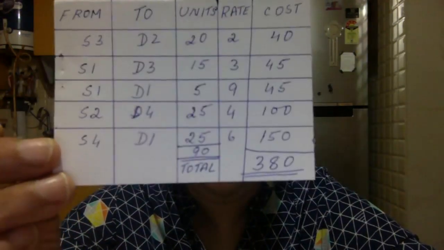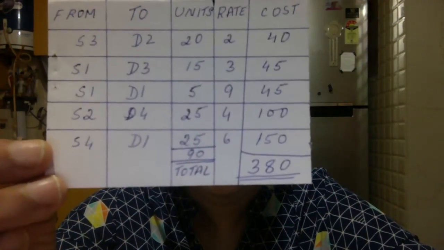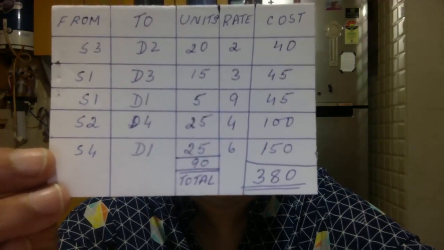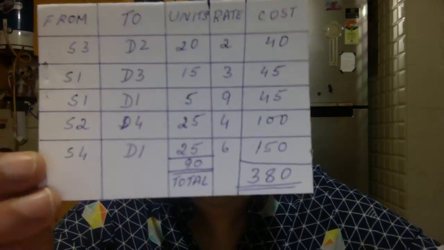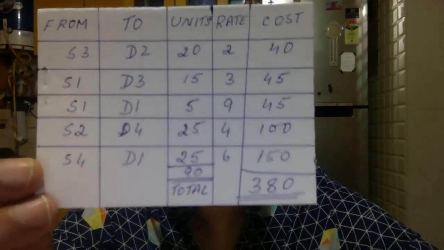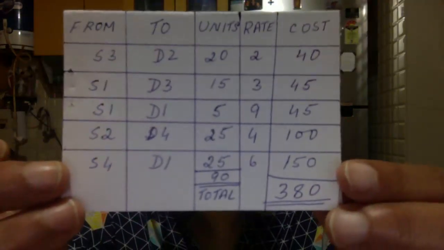If you remember, in the first matrix, the grand total was 90. So the units have to be all allocated accordingly, and this is the total cost. This is the table of transportation cost.